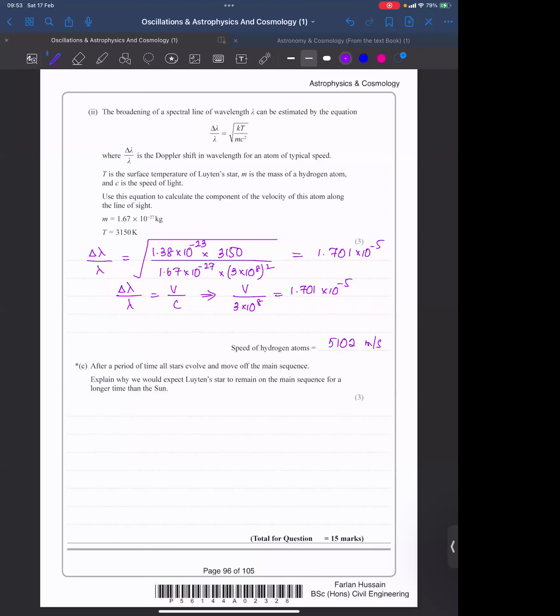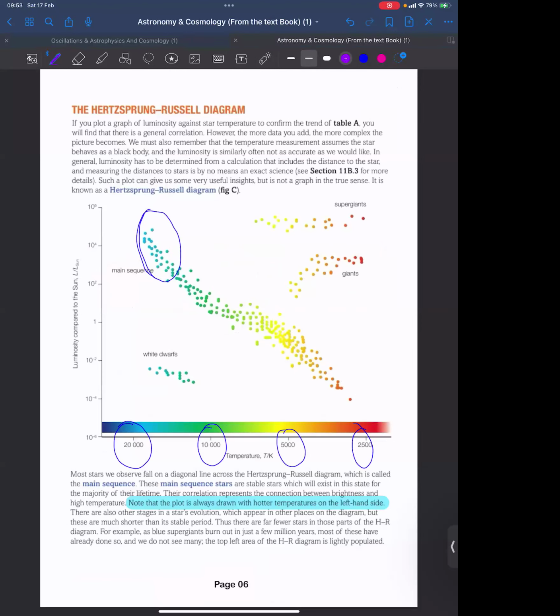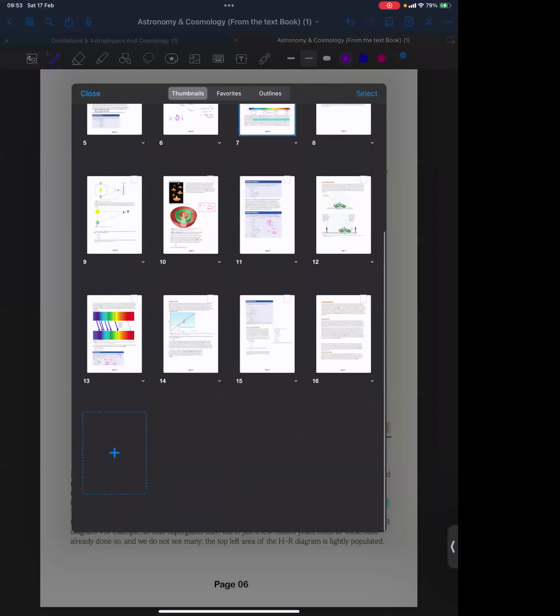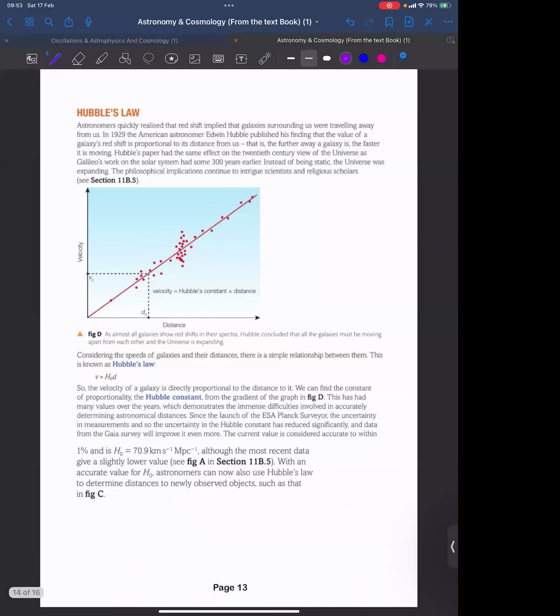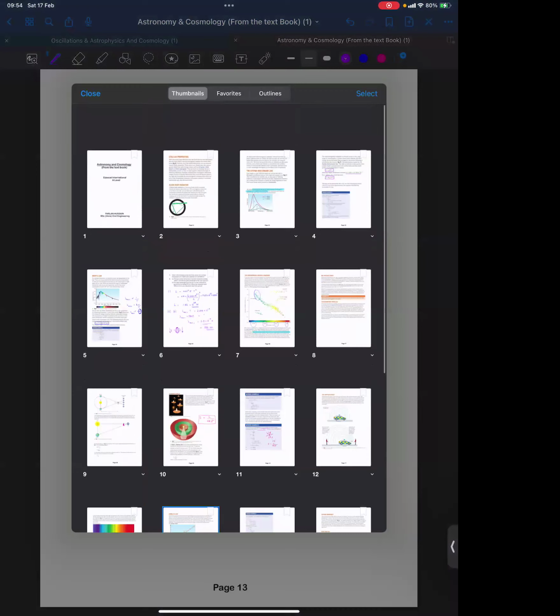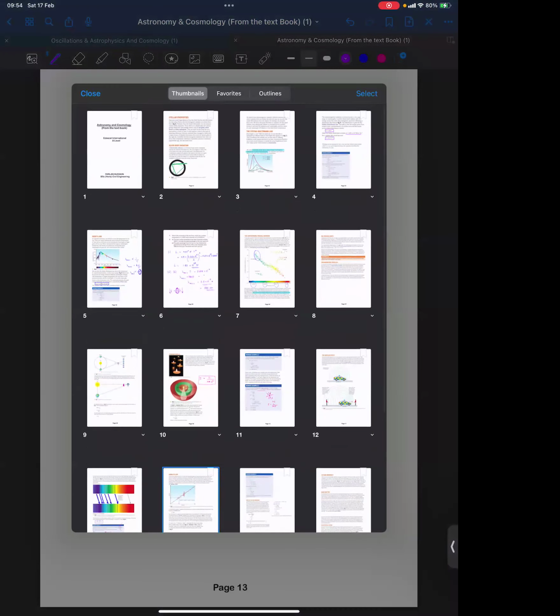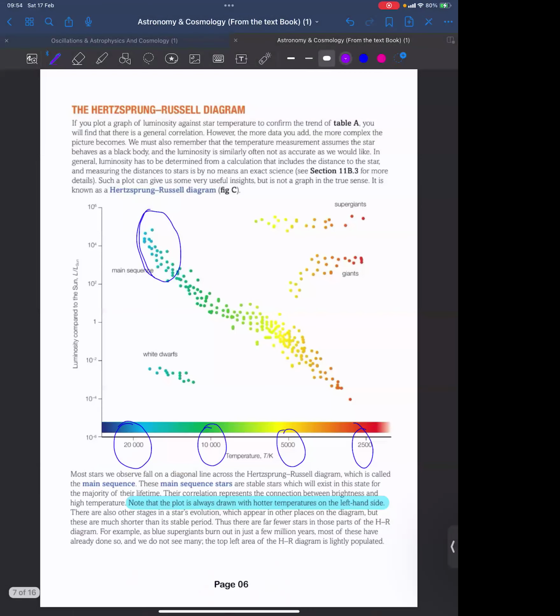Okay, guys, get back to theory. There's a little bit of theory to be done. Why is it automatically more stable because it has lower temperature? I didn't get you. If it has a lower temperature, it will be in this region of the Hertzsprung-Russell diagram, somewhere here.